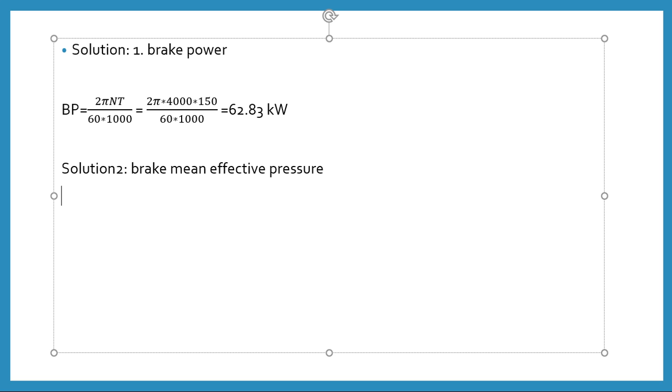We know the equation of the brake mean effective pressure is equal to BP, the brake power, into 60 into 1000 divided by L into A into N into K. Now students, let's put the values in this equation.